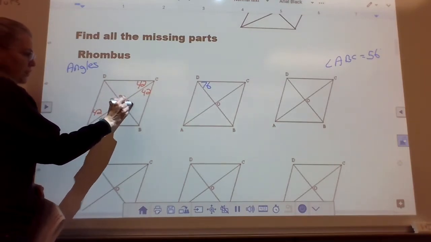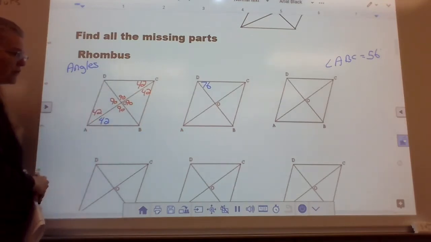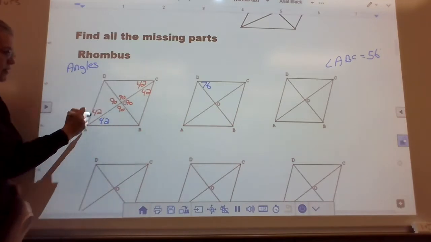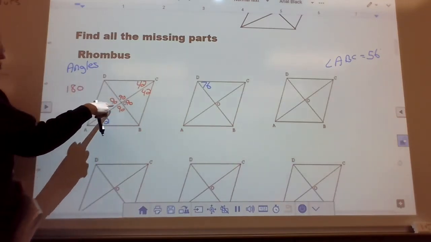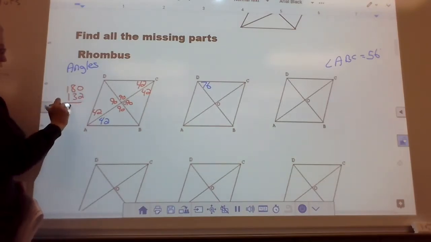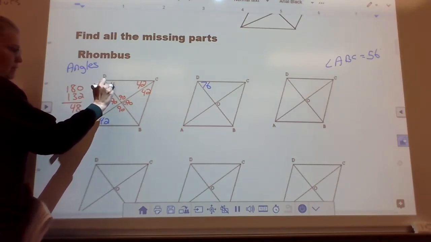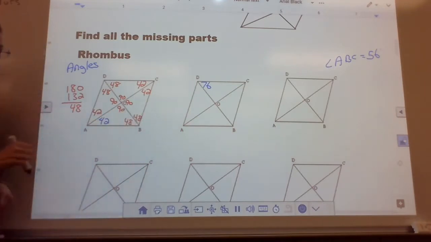So all of these are 90s. Now I just have one last angle to find, and I can do that by finding the triangle. Triangles add up to 180. 42 plus 90 is 132. Subtract, I get 48. So this is 48, 48, 48, 48.